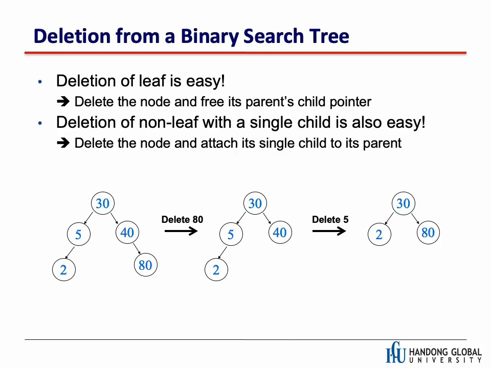Delete 5, and node 2 will be the left child of 30, or delete 5, and node 7 will be the left child of 30. Don't get confused. I'm talking about the case where we delete one non-leaf node with a single child.